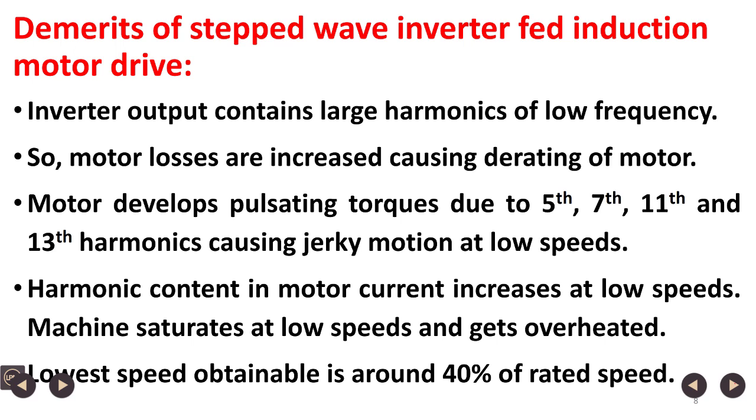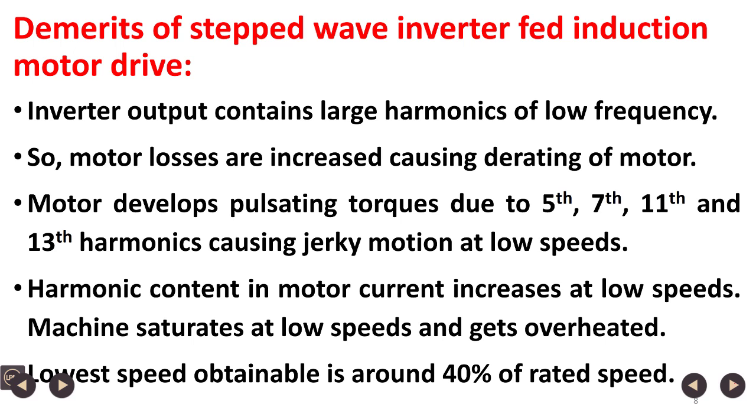Motor develops pulsating torques due to the 5th, 7th, 11th and 13th harmonics, causing jerky motion at low speed. Because of these harmonics, there are torques due to the 5th and 7th harmonics which are in opposite directions, and this causes a jerky motion at low speeds. Harmonic content in motor current increases at low speeds. Machine saturates at low speeds and gets overheated.